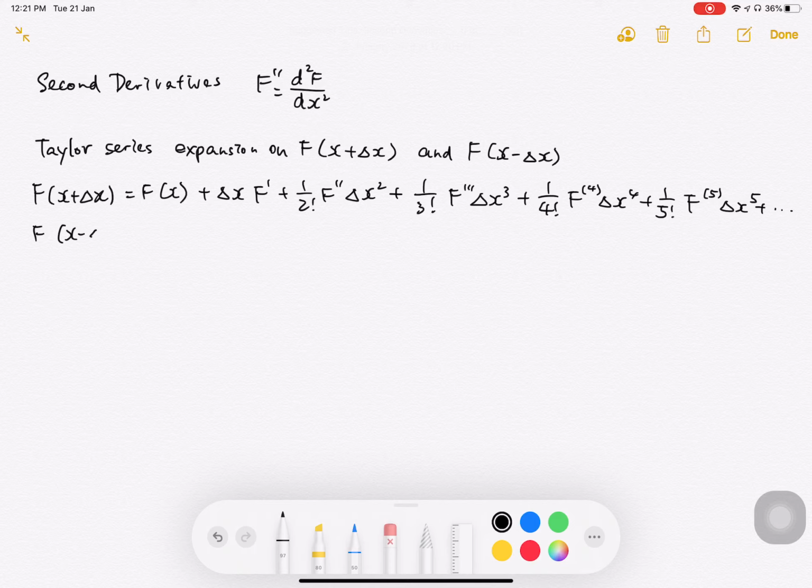And then the next one, x minus delta x. We have a negative here again because of the power of 3 in the delta x.